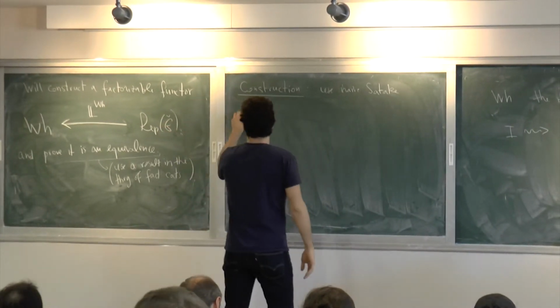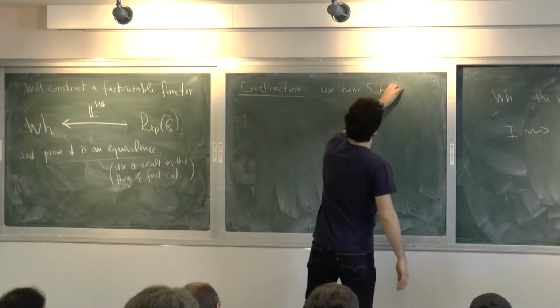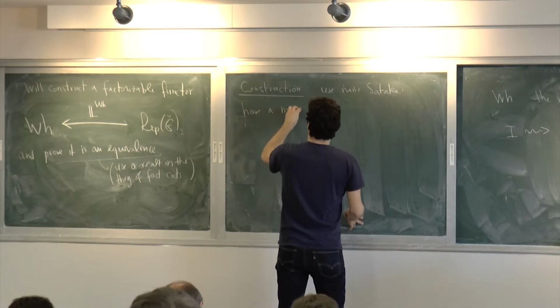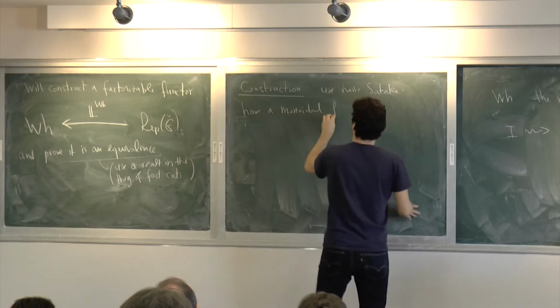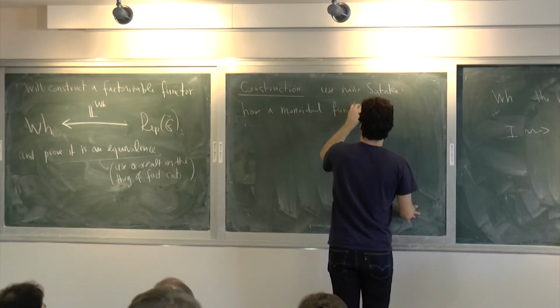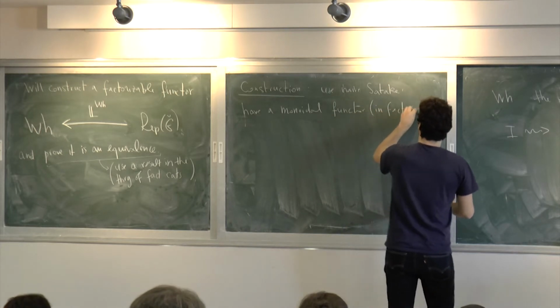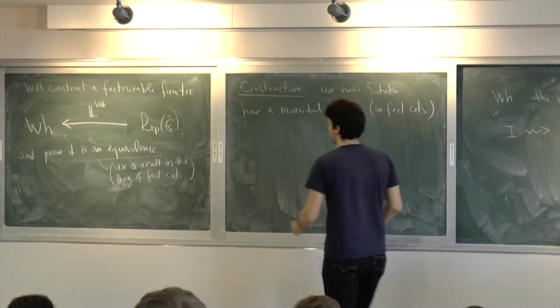So I go from Rep G-check. We have a monoidal functor of factorizable categories.